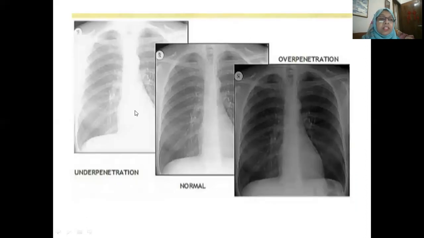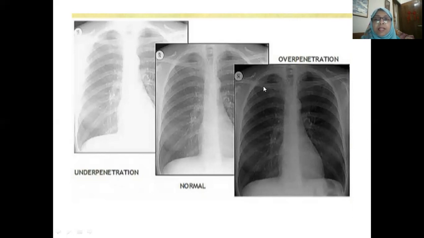And the penetration: this is under penetration. You cannot see the vertebral body through the cardiac shadow. In normal penetration, you can see the vertebral bodies through the cardiac shadow, and this is over penetration. The lung fields are darker than the normal lung field, but here you can see the vertebral body.